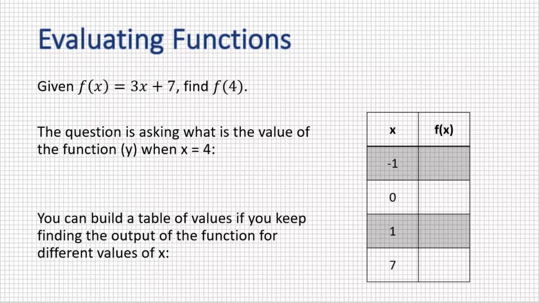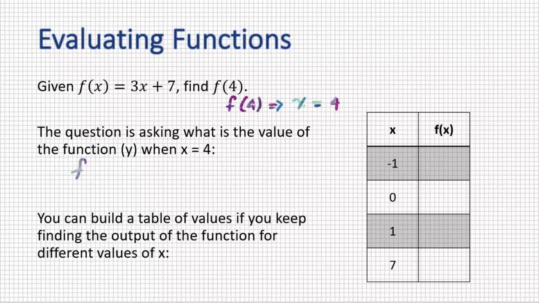Which brings us to evaluating these functions at various values of x. So if we're given f of x is equal to 3x plus 7, and we're told to find f of 4, f at 4, that tells us that we're to take each x in the equation and replace it by the number 4. So what's the value of the function when x is equal to 4?